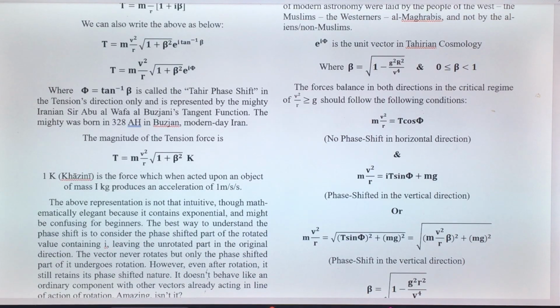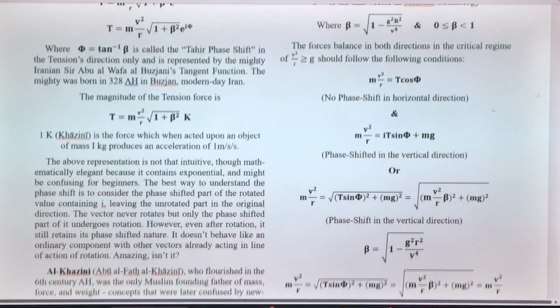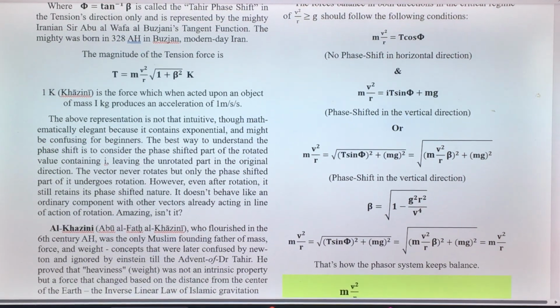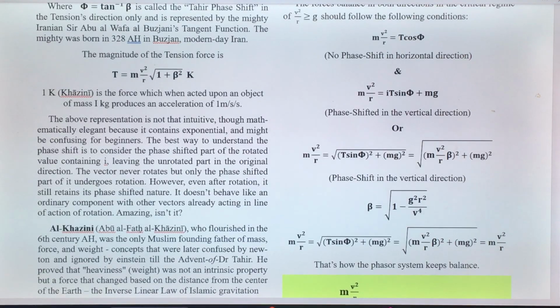However, even after rotation, it still retains its phase shifted nature, meaning the I associated with it. It does not behave like an ordinary component with other vectors already acting in the line of action of rotation. Amazing, isn't it?